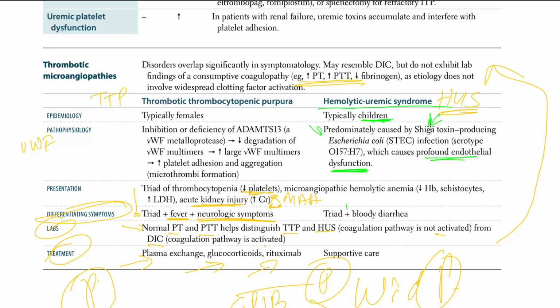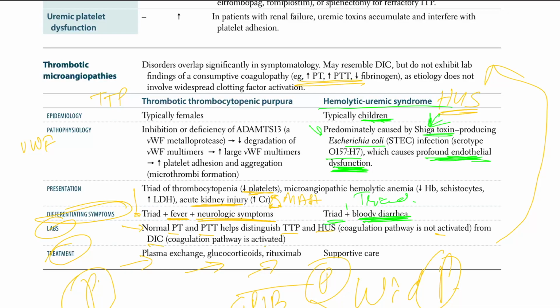In children, Shiga toxin producing E. coli infection, which causes endothelial dysfunction. When we have endothelial dysfunction, we're going to have a triad, which we mentioned. On top of that triad, because we have a GI bacteria, we also have bloody diarrhea.